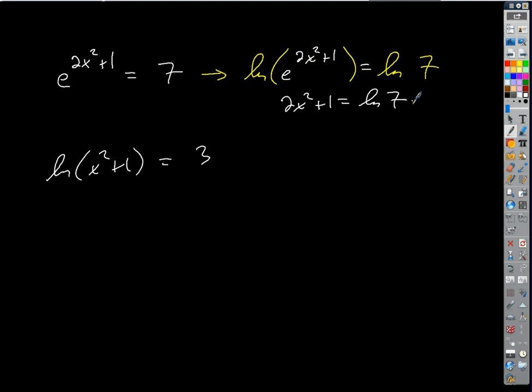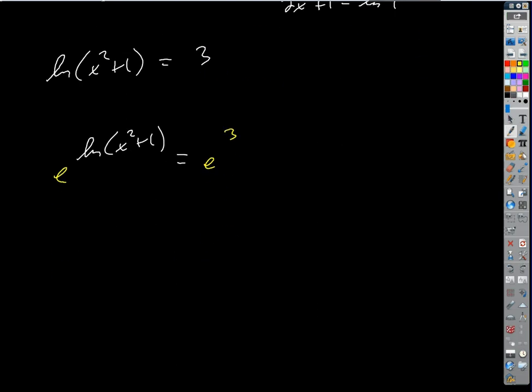Okay, what would I do down here if I want to solve this one? I'm going to exponentiate both sides, doing a base e exponential of both sides. So I could do this one as e to the natural log of x squared plus 1 equals e to the 3.